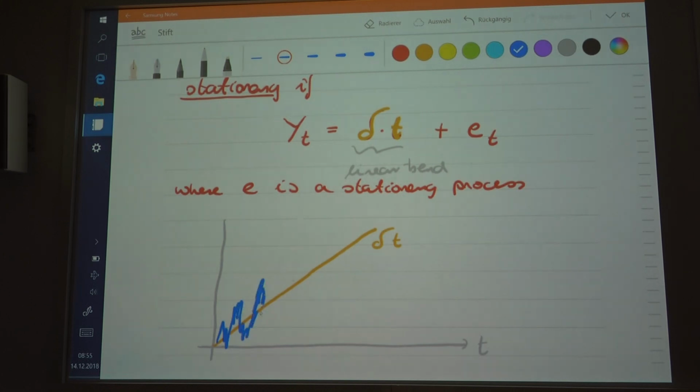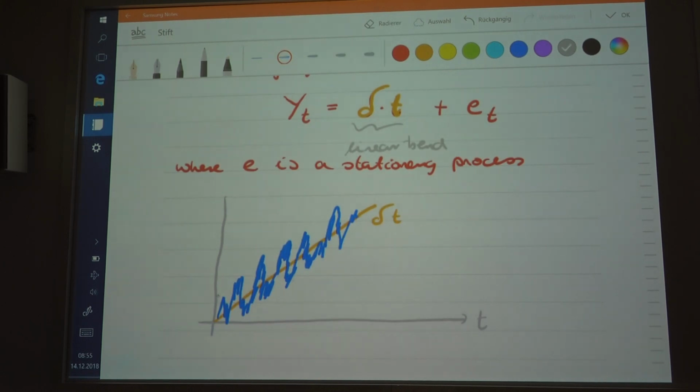So this is what you would get as a result. Here it could look like this. Something like that. So basically you have a process with a constant variance around that linear trend, and the expectation corresponds to the linear trend as well. So you have a trend-stationary process around the linear trend.